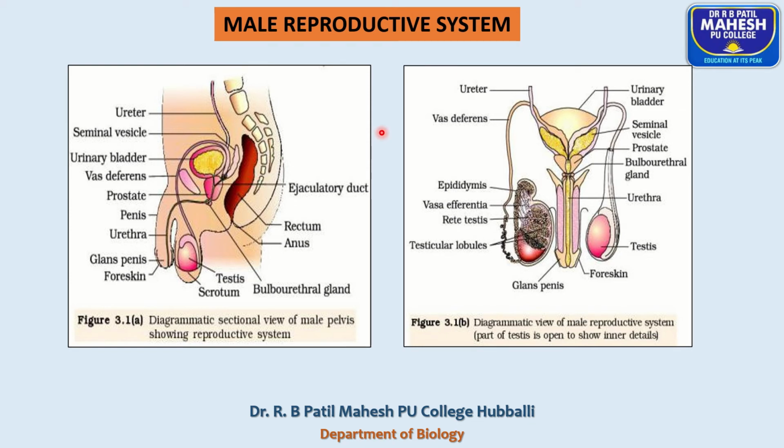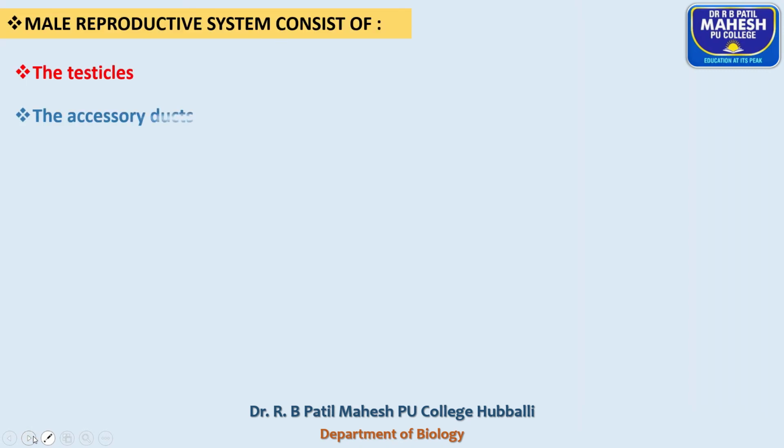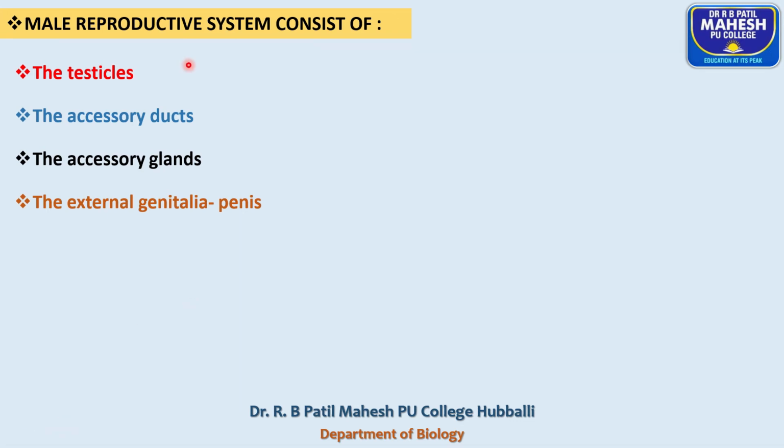The primary sex organs are a pair of testes, the male gonad, and the secondary sex organs are the accessory ducts, the accessory glands, and external genitalia. Testes produce male gametes and secrete male sex hormones, whereas accessory ducts, accessory glands and male external genitalia help in the process of reproduction. That's why these organs are considered secondary sex organs.